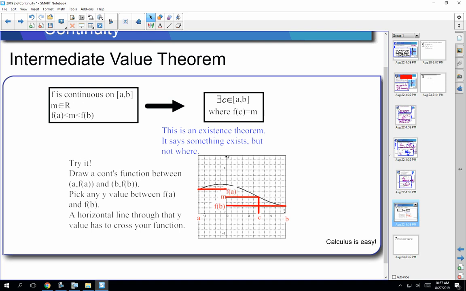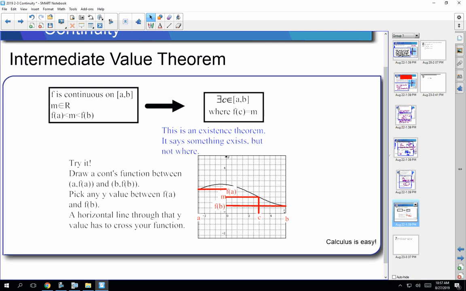So here's a nice continuous function, see here in black, on a closed interval between a and b. Maybe draw a nice continuous function like this one on a closed interval from a to b. And you have some value m right here that is below f of a and above f of b.